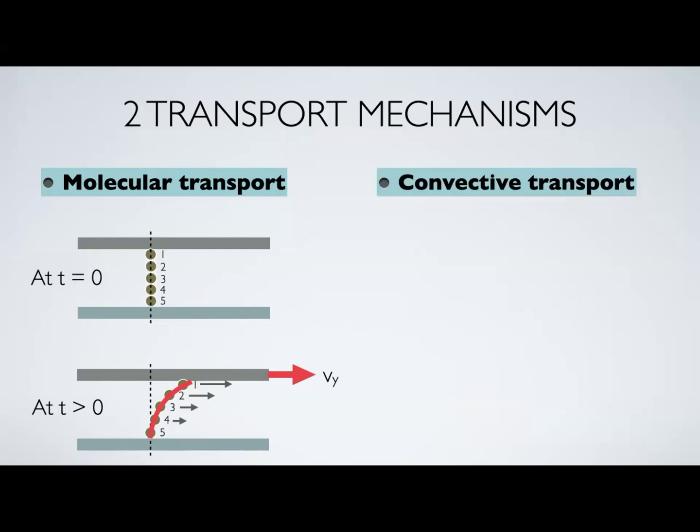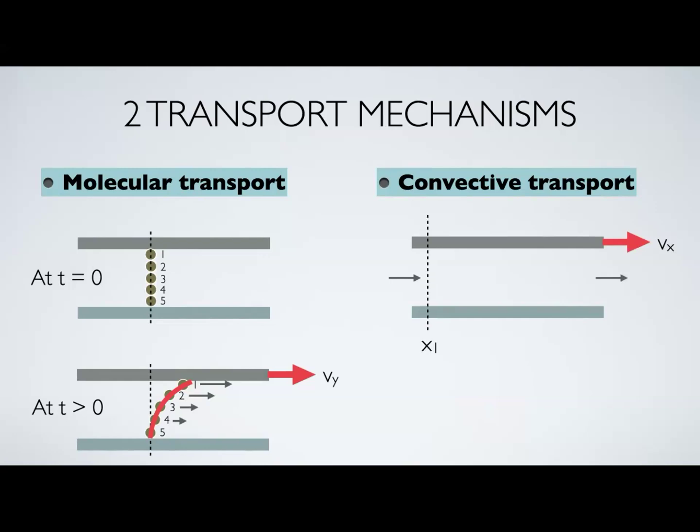But the convective transport that I explained to you earlier, we consider as a bulk. Same example: we have a flowing fluid between these two parallel plates. If I keep pulling the top plate at the velocity Vx here, then in terms of convective transport, I consider the locations x1 and x2 along the x-axis. I'm going to consider the system in the red box here as a bulk fluid.